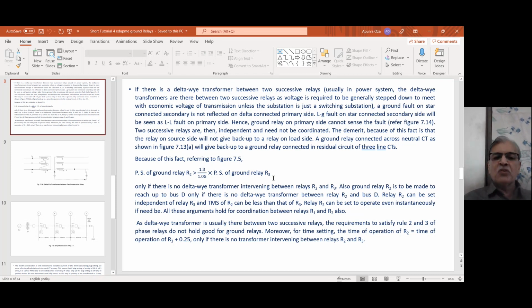That formula which we were using in phase overcurrent relays is to be used only if there is no delta Y power transformer intervening between the two relays R2 and R3. If a delta Y transformer intervenes, then this formula does not hold good. That means R2 is purely independent of R3. R2 is not to be coordinated with R3. The setting of R2 can be independently set. This is very important.